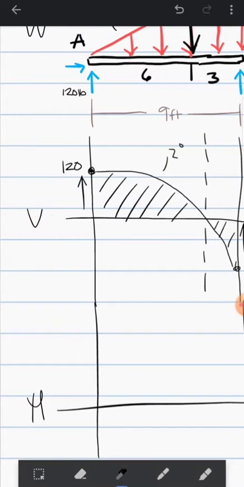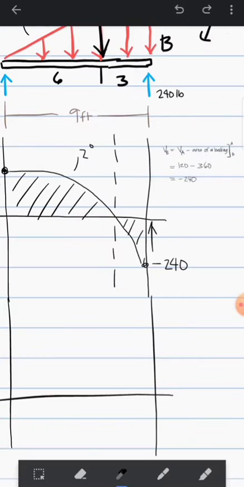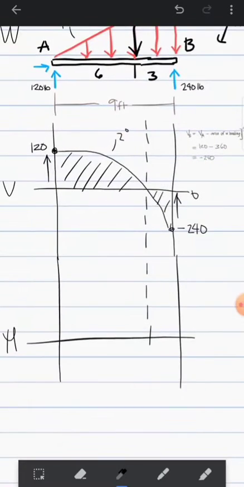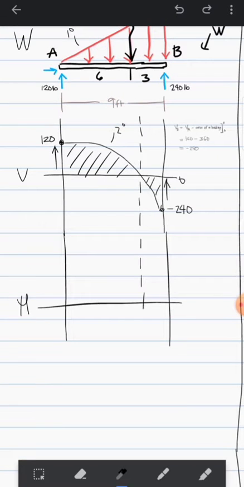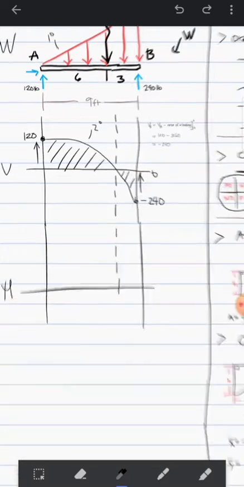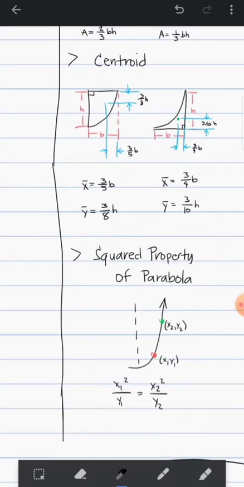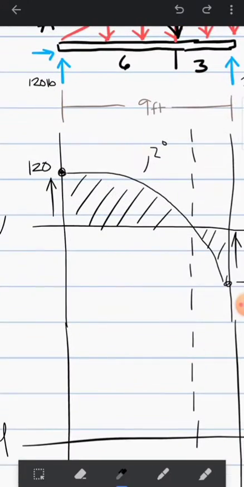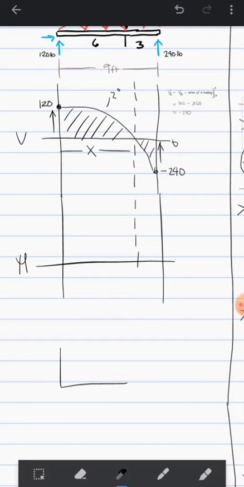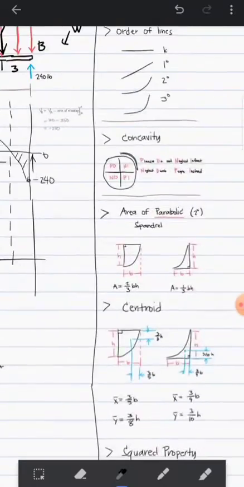At this line, where it is 0, our moment is maximum. Now this is where the squared property of the parabola comes into play. We need to find this x, so we will use the area. So what is the area of this spandrel? The area is this one.